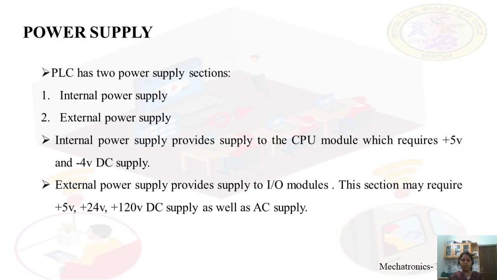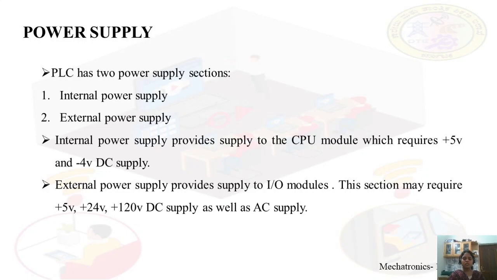For the CPU, the power supply should be between minus 5 volt and plus 5 volt. And then we have the external power supply. External power supply provides supply to the IO modules. In this section, you may require plus 5 volt, plus 24 volt, plus 120 volt DC supply as well as AC supply.